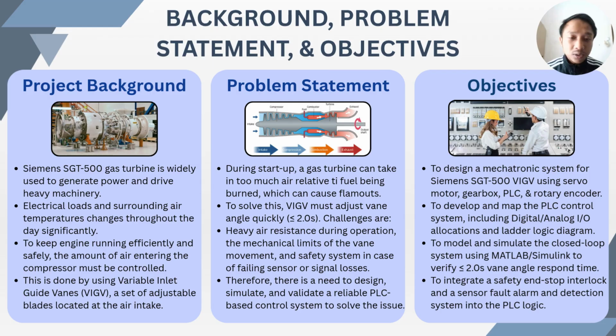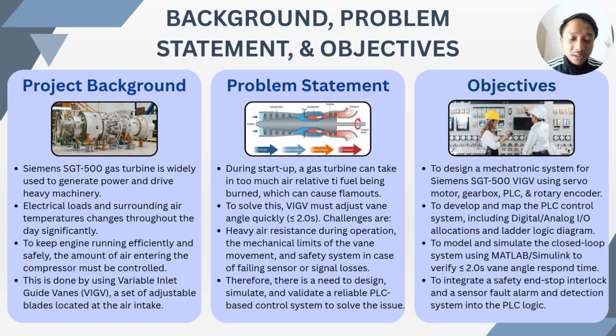This leads to our project objectives. The first one is to design a complete mechatronic architecture for a Siemens SGT 500 VIGV system using an electric servo motor with gearbox, a basic PLC, and a rotary encoder. The second is to develop and map the PLC control strategy, including digital and analog I/O allocations, and ladder logic for position tracking.